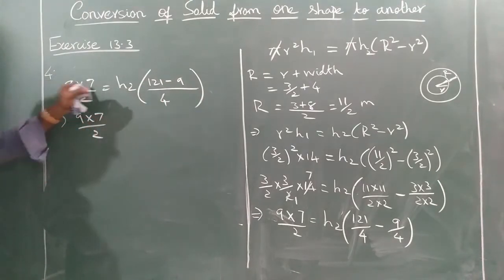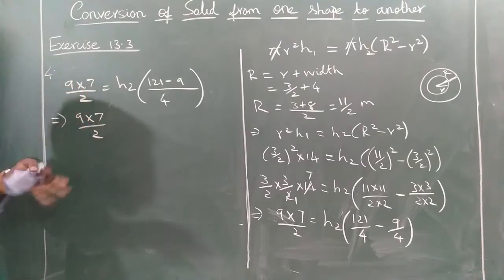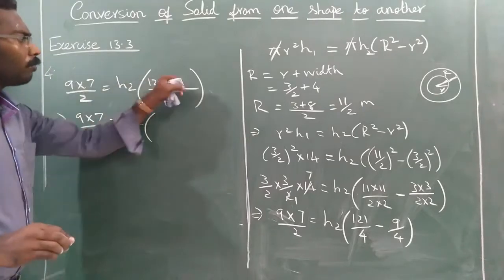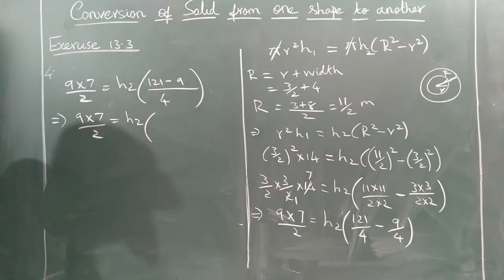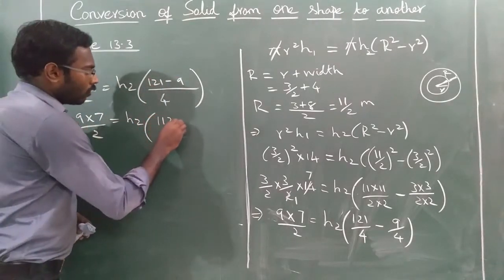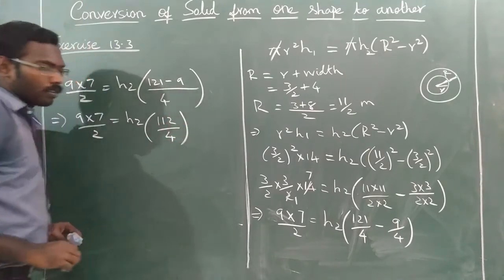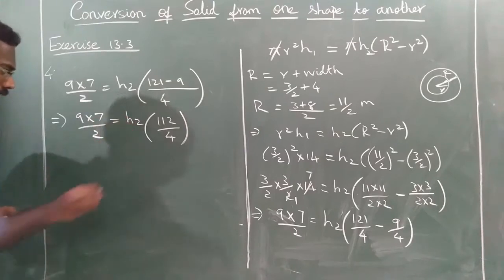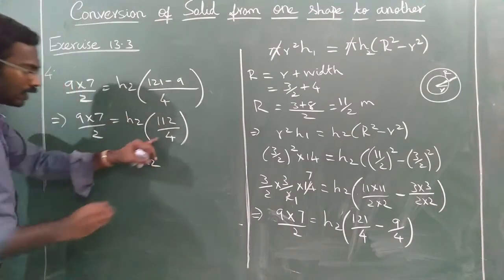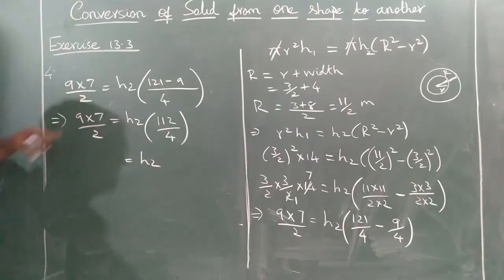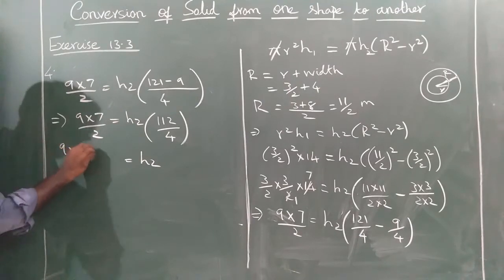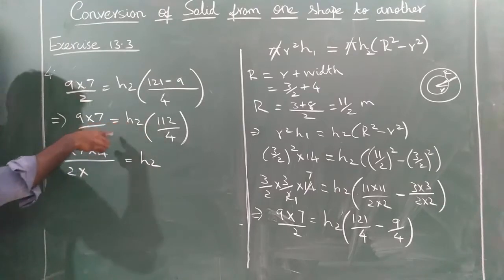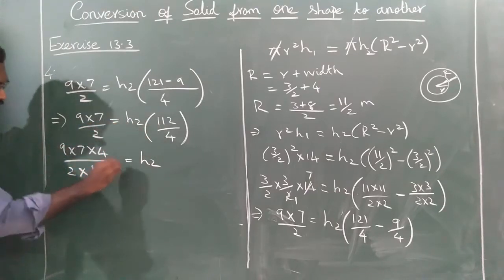You can write it as 9 7s are 63 or simply keep it as is. h2 into 121 minus 9, 121 minus 9 is 112 by 4. Now h2 only we need, so keep the h2 here. This 4 is in division, when it comes here, it will become multiplication. Then 2 into this is in multiplication, it will come here, 112.